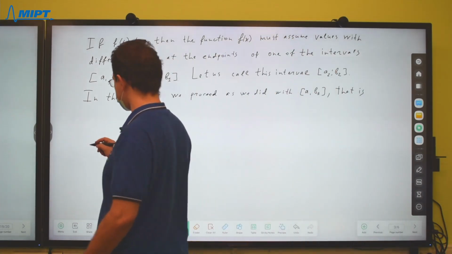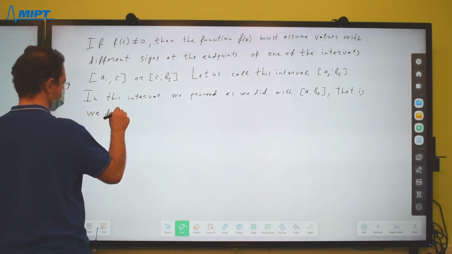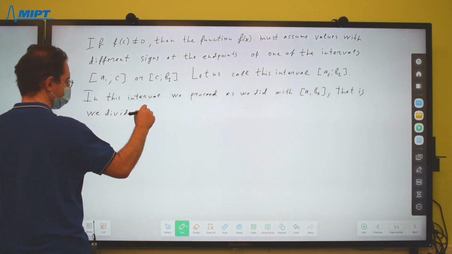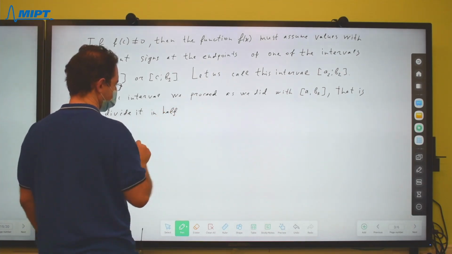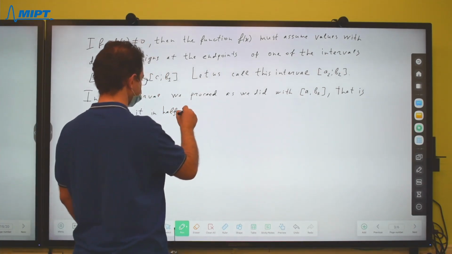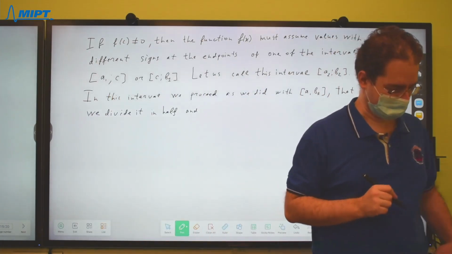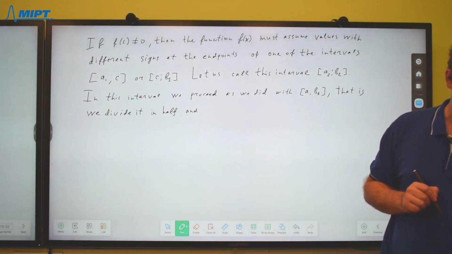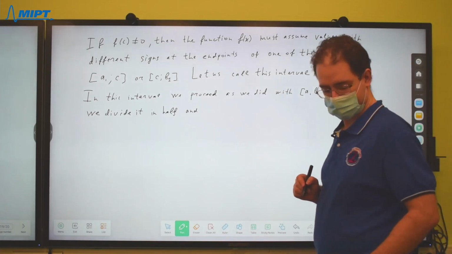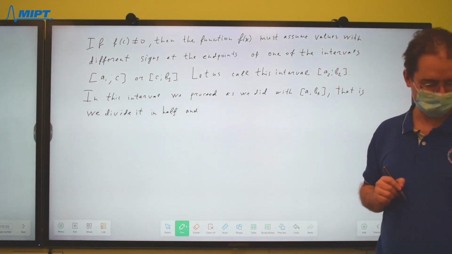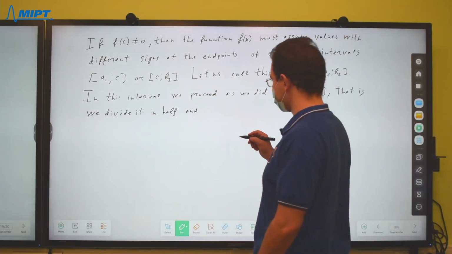That is, we divide it in half, and continue the process.